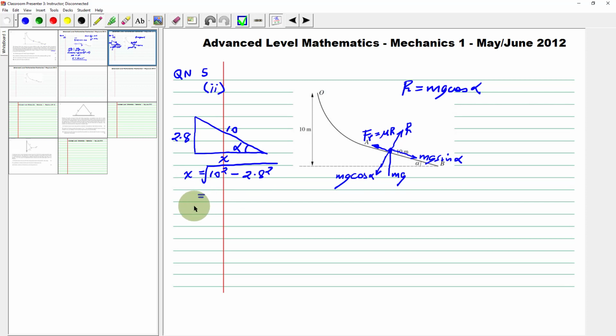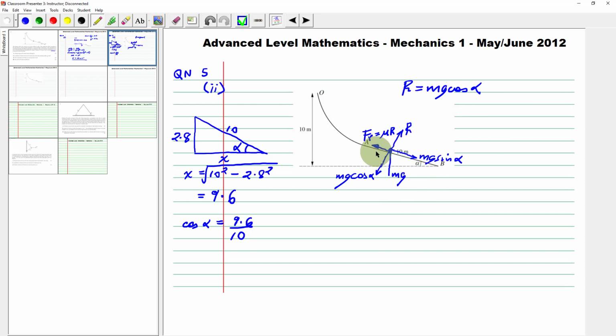If you use the calculator, you're going to get the value of x to be 9.6. You can confirm that using the calculator. That means that for the cos of alpha, I'm going to get the adjacent, which is 9.6, divided by the hypotenuse, which is 10. So wherever I want cos alpha, I know it will be given.